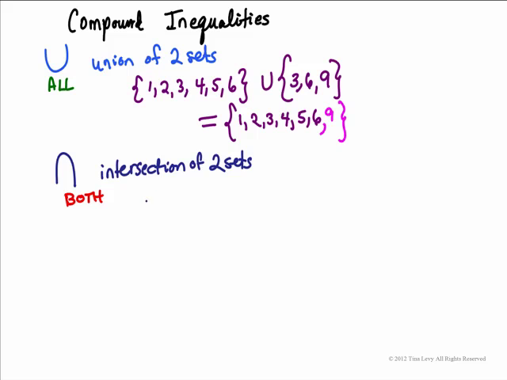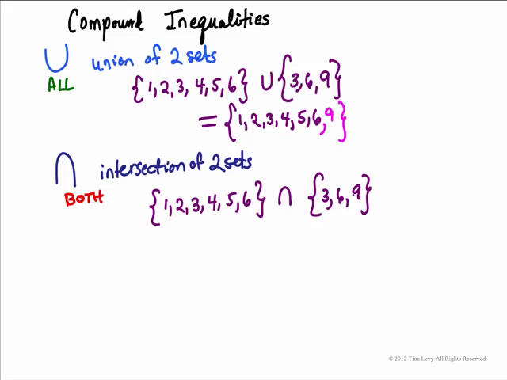Our example would be the intersection of 1, 2, 3, 4, 5, 6 intersected with 3, 6, 9. So for the intersection, we look at what's common to both. We see there's a 3 in both and a 6 in both. So our intersection is the set that contains 3 and 6.